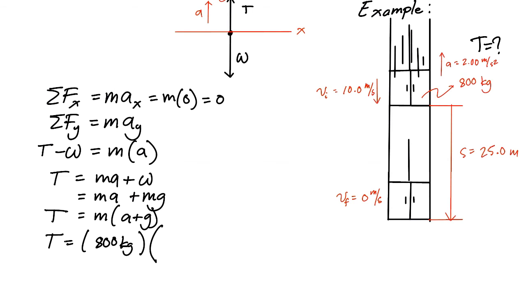Tapos, we will multiply that to the acceleration. The acceleration of the elevator is 2.00 meter per second squared plus acceleration due to gravity, that is 9.81 meter per second squared. You notice we did not put a negative sign dito kasi we are now dealing with magnitudes.